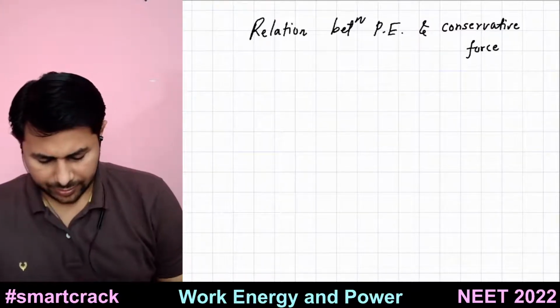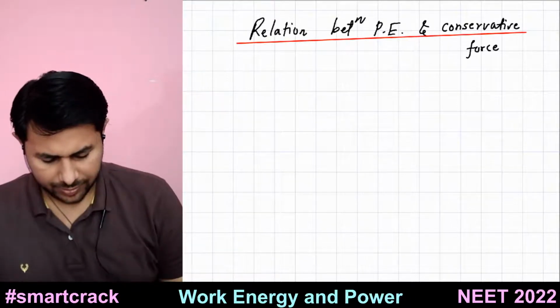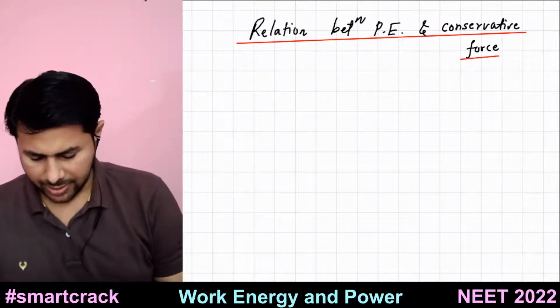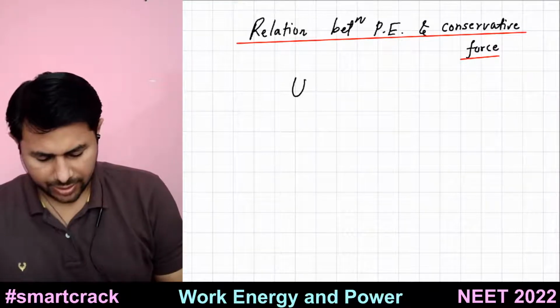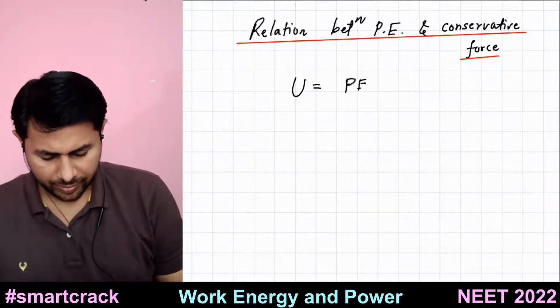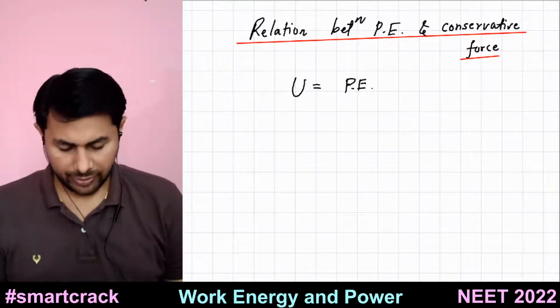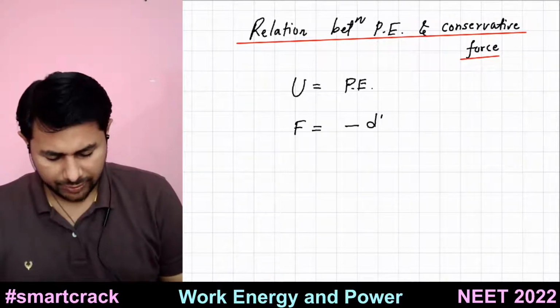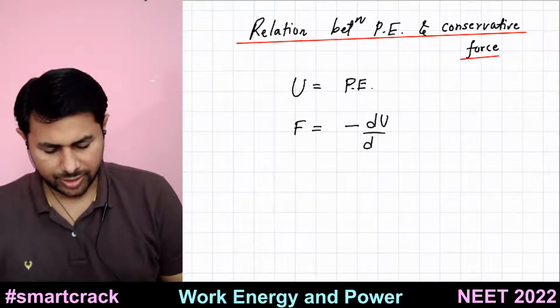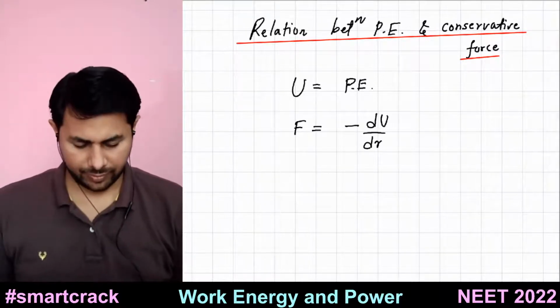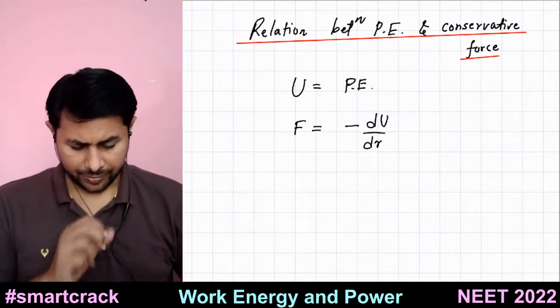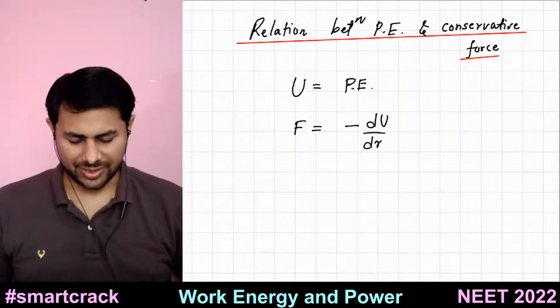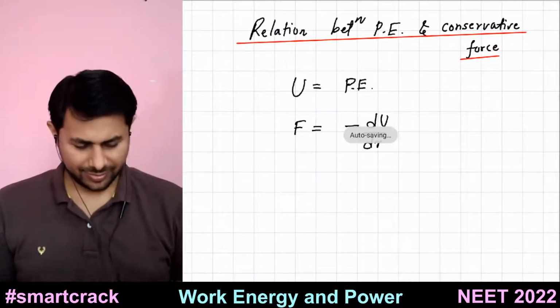So what's the relation between them? We need to memorize this. If U is the potential energy, then the conservative force F is given by minus the derivative of the potential energy with respect to the distance. It is called the negative of the gradient of the potential energy.